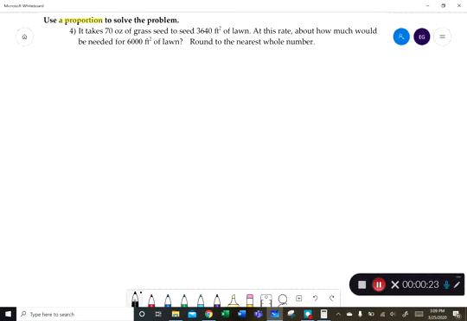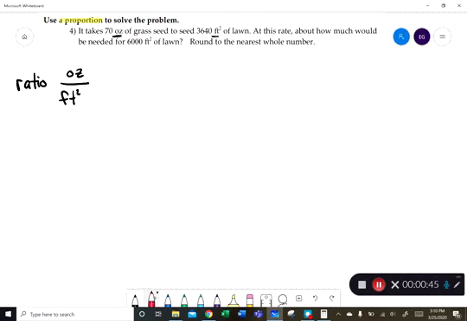Now, before we talk about proportions, let's talk about ratios. A ratio is a fraction with units. In this case, the two units discussed in the problem are ounces and square feet, so let's say ounces over square feet.